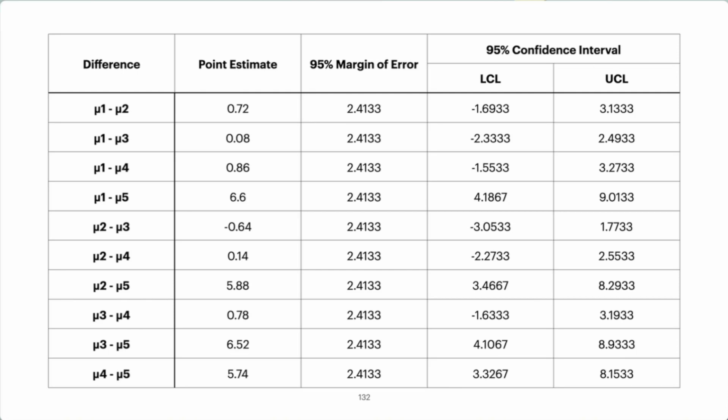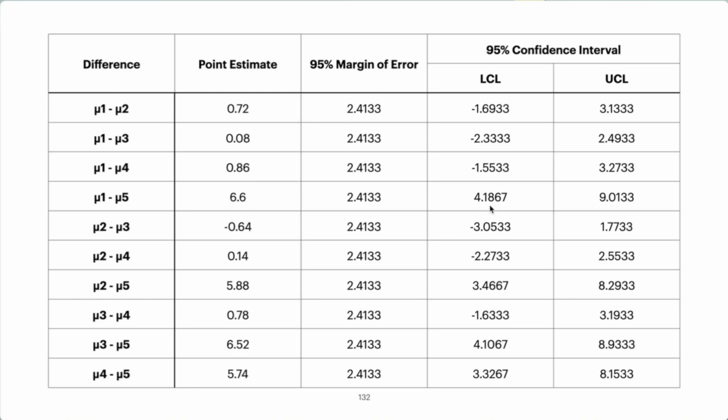Let's answer that first question first. Are there any differences between any of the active treatments and the control? That's going to be a comparison of treatment means 1 through 4 with treatment 5. If we look at this comparison here, mu1 minus mu5, we see that the estimated difference is 6.6.